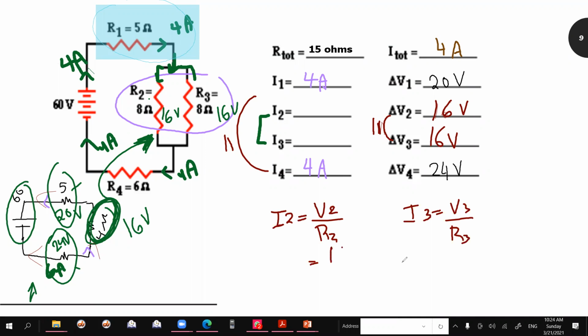V2 is 16, R2 is 8, so that means it's 2 ampere. And I3, V3 is 16, and R3 is 8 too, so it will be 2 here. So we have it now as 2 ampere.